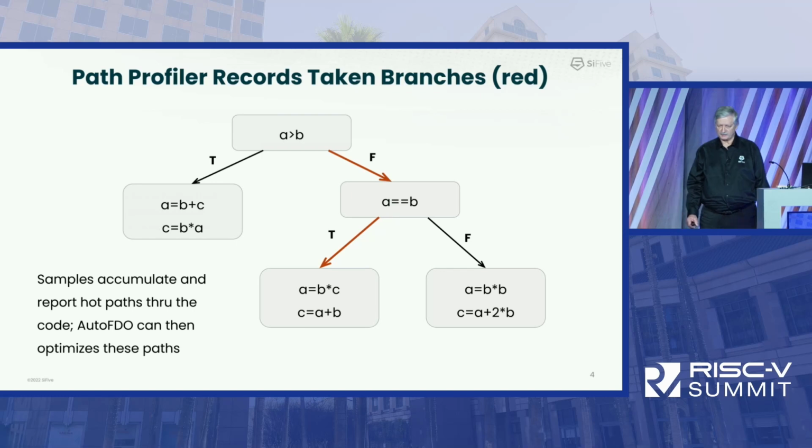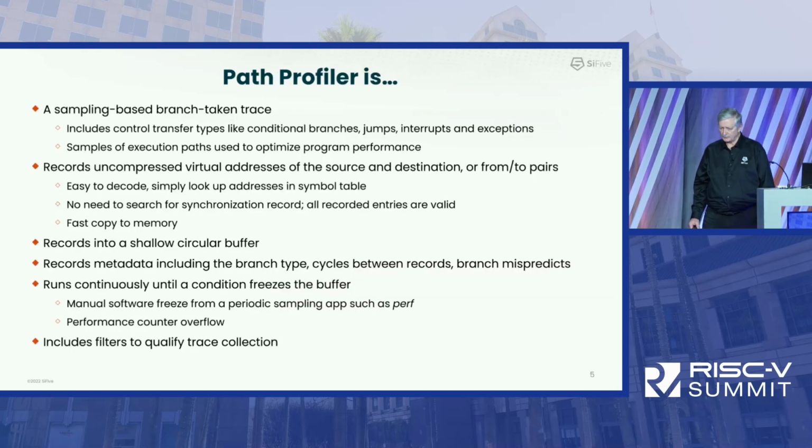An example would be AutoFDO, an automatic feedback-directed optimization program that Google wrote and developed, that takes that data and feeds it back into the compiler to optimize the branches to streamline the program. I think in their paper they wrote 5 to 10% execution improvement by doing this.